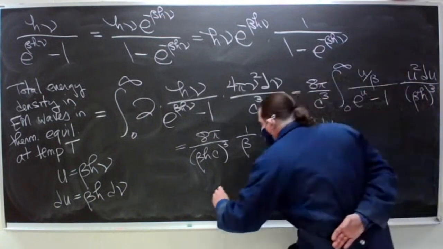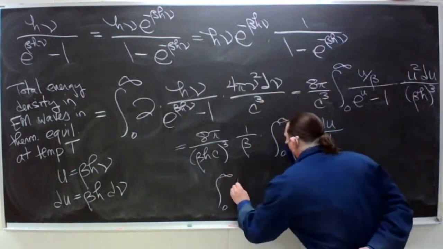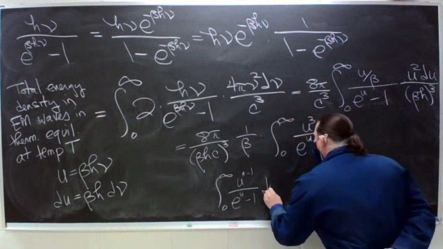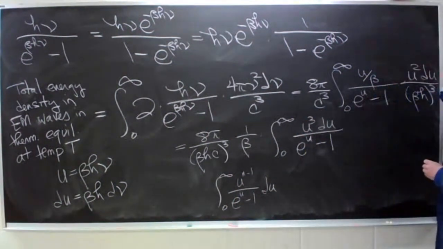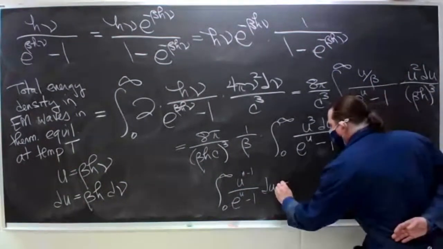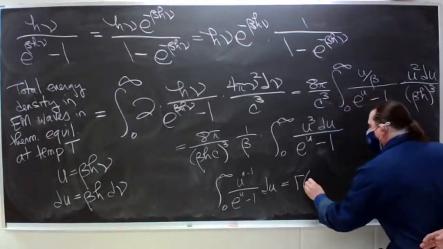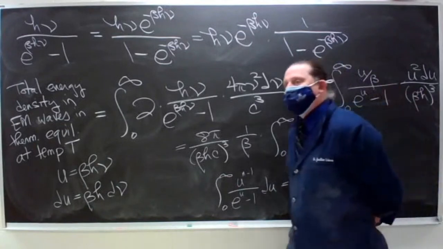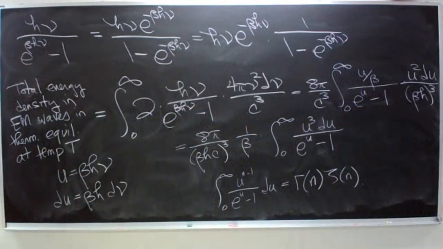The integral from 0 to infinity of u to the n minus 1 divided by e to the u minus 1 du was equal to gamma n zeta n. It came up in our integral representation of the zeta function.